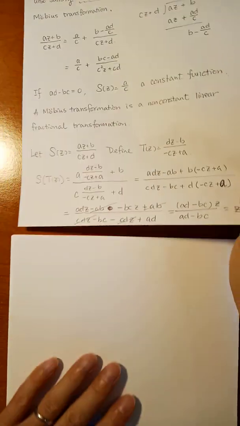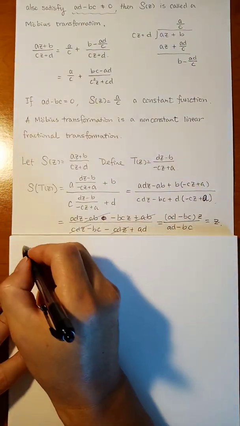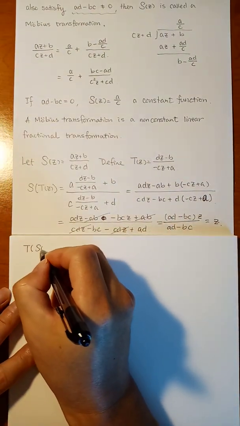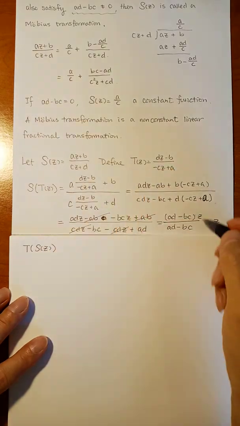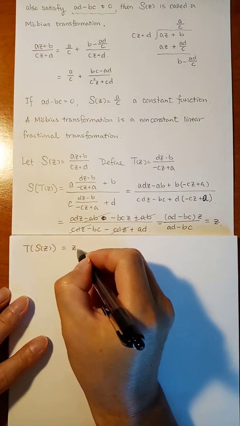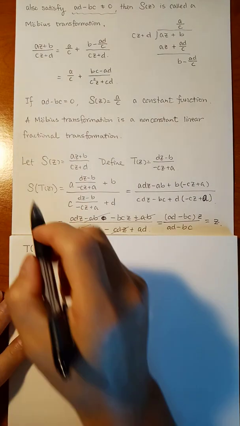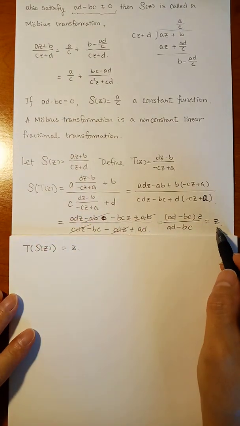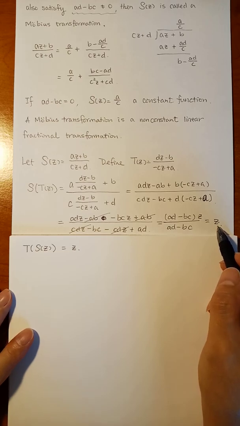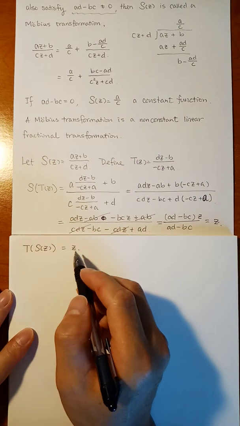Of course, I'm not going to repeat it, but you can try T composed with S of z with this computation; it is also z. So the composite function ST is the identity function, and the composite function TS is the identity function.